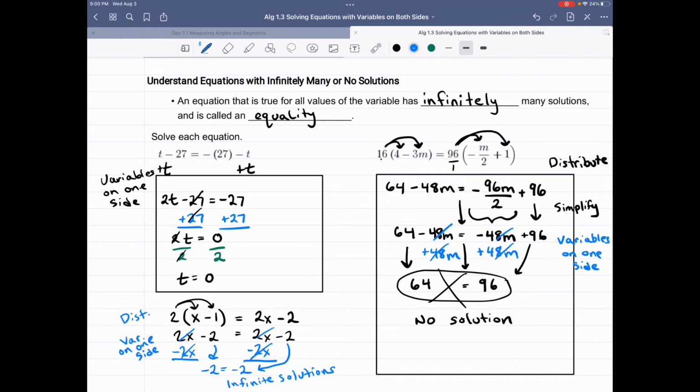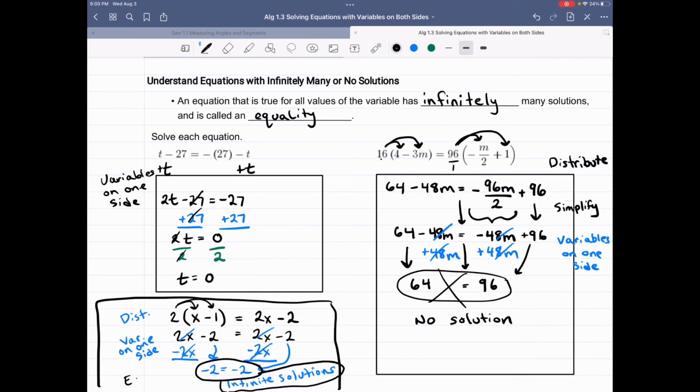So that would say that 18 equals 18. No matter what number you choose for x, you will always get something equals itself, because this kind of equation is called an equality. So if you ever get something like this, where it's a number equals itself, then it has infinite solutions, and it is called an equality.